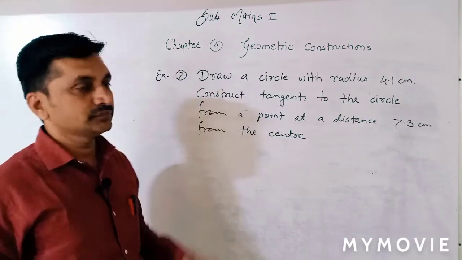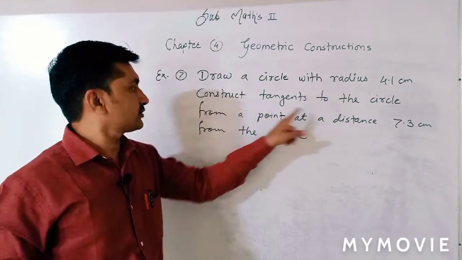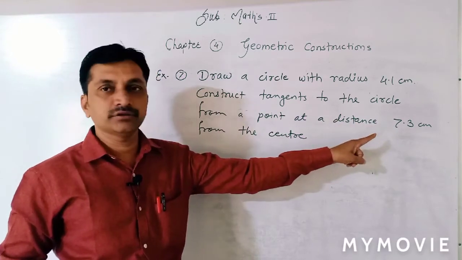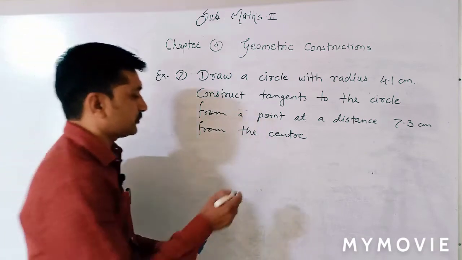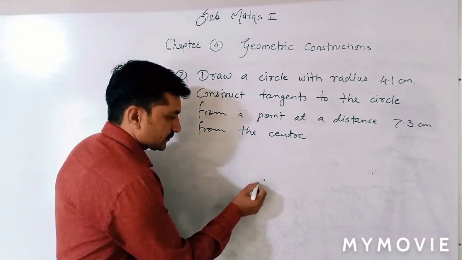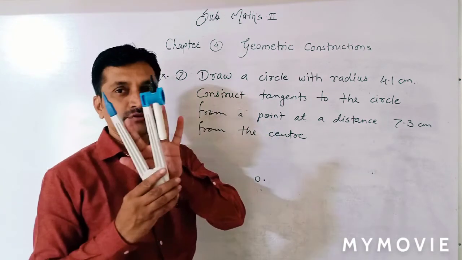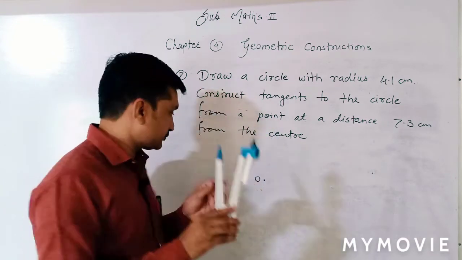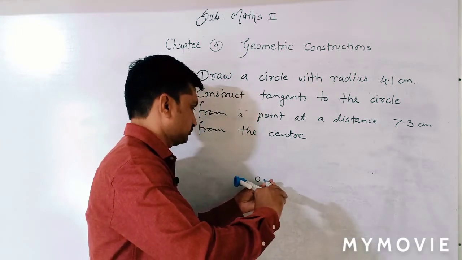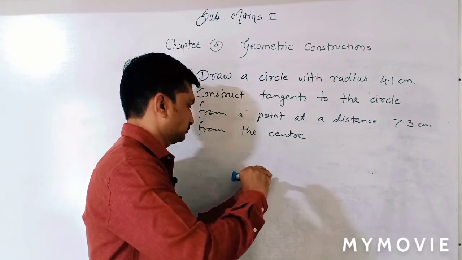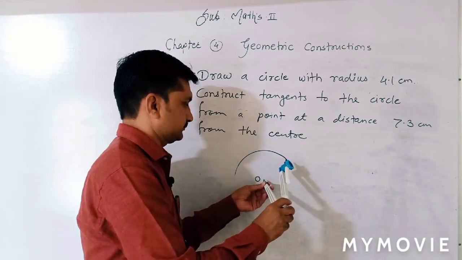Example number 7. Draw a circle with radius 4.1. Construct tangents to the circle from a point at distance 7.3. Again outside. Let's draw first the circle with radius 4.1. Take any center. Here I take center O, and by taking O as center, take 4.1 centimeter distance in the compass and draw a circle.